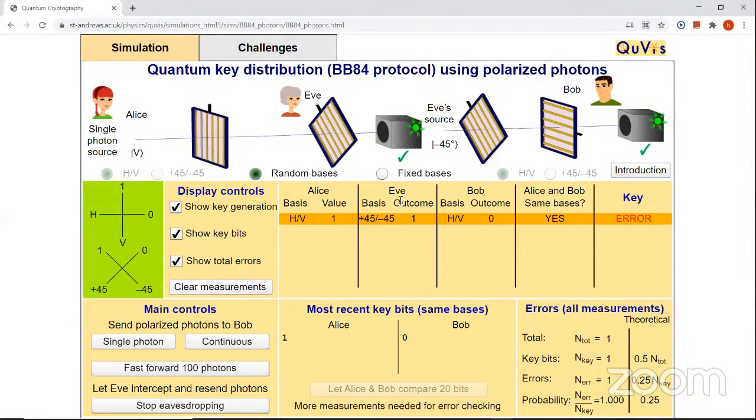So Eve will think that Alice has sent one, but she chose the wrong basis, although it has the same bit. Okay. So now forget about this thing. First you understand that for Alice and Eve, their bases are mismatching, but there is a 50% chance that they can get the same bit.